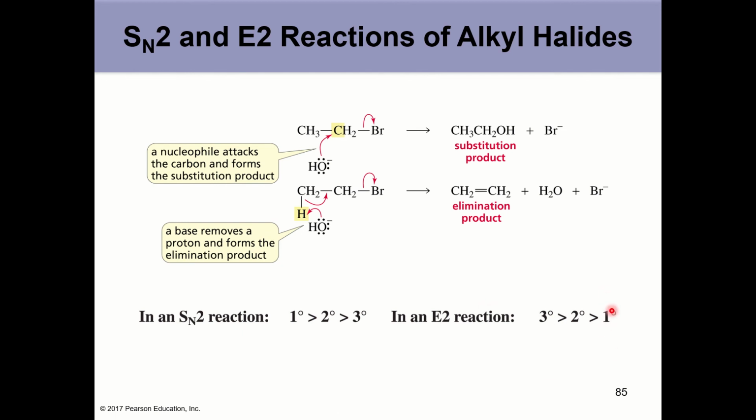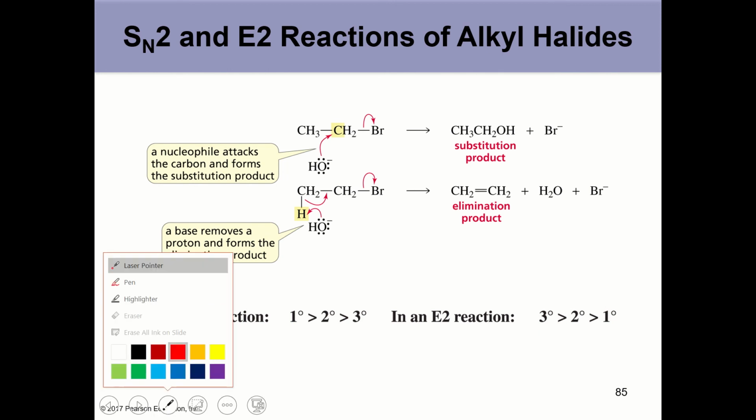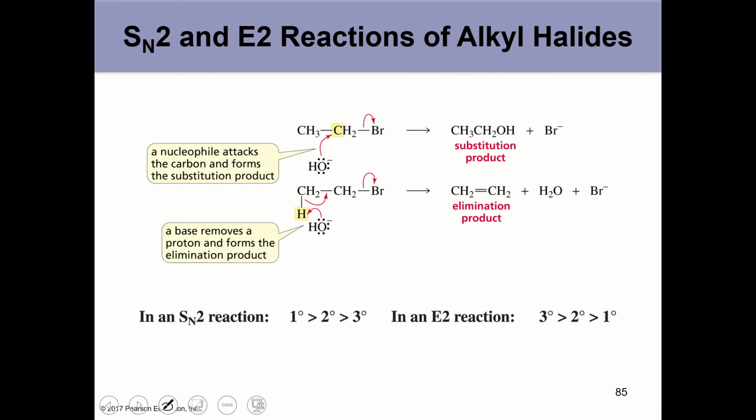So the substitution product in this case would be the major product. And if any elimination product forms, only a small amount. So it will be minor if it forms.